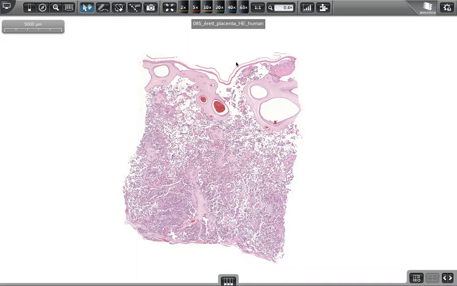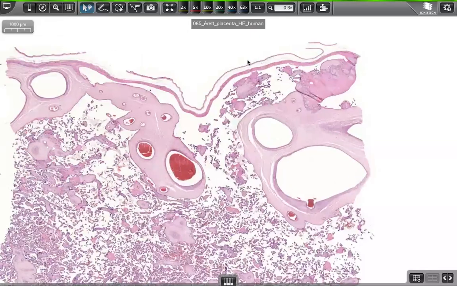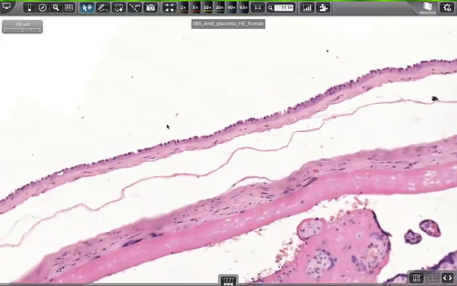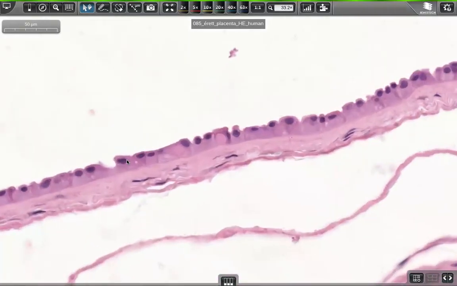Now let's see the surface, the fetal surface. First, we can find a simple cuboidal covering epithelium. It is eventually a special covering, what we have seen on the surface of the umbilical cord, the amniotic layer.